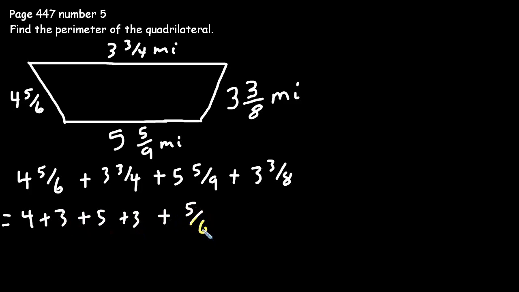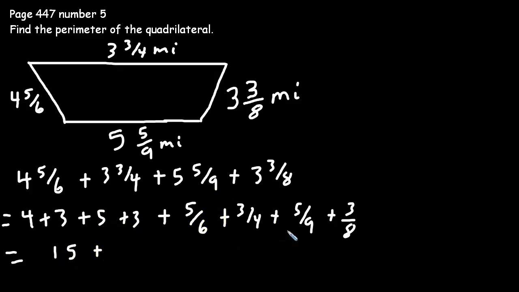So I'll have the 5/6, the 3/4, the 5/9, and the 3/8. Okay, the whole number part will be easy. 4 plus 3 is 7, plus 5 more is 12, plus 3, and so the whole number part's 15. Now we've got to work on the fractional part.